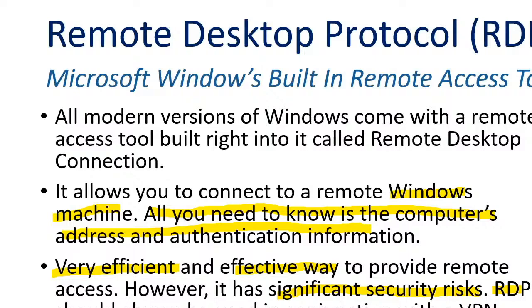Unsecured non-VPN RDP, in my opinion, is one of the biggest security risks you could possibly take. So in general, I would strongly encourage you to avoid that. But if you use a VPN in conjunction with your RDP, you're going to love it. It works really well.